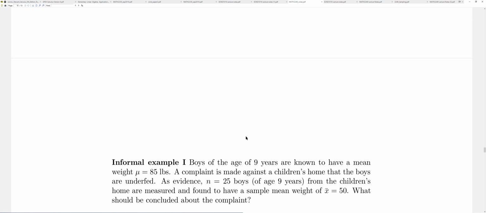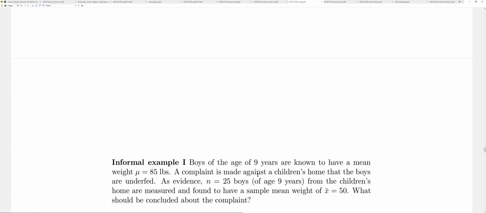So we have this question here. It's given that boys of age 9 years have a mean weight of 85 pounds. There's a children's home, and there's a complaint against this children's home that the boys in this home are underfed.